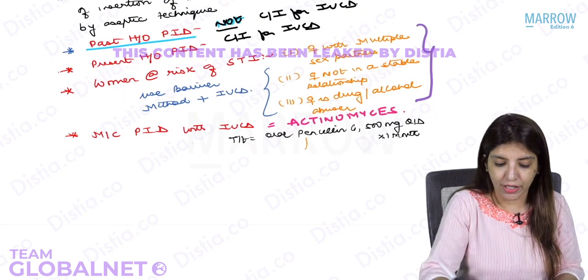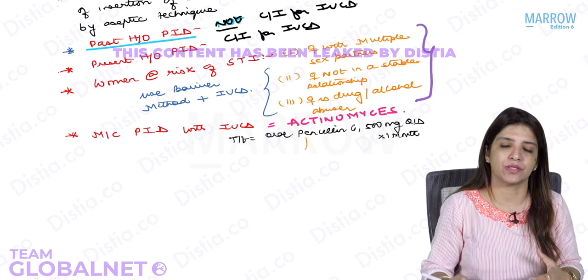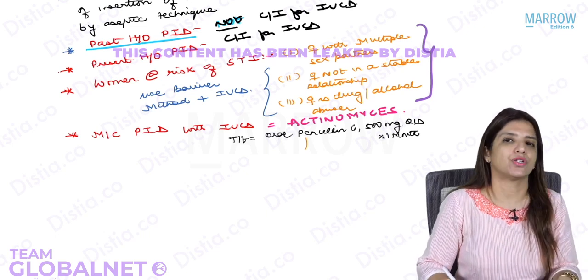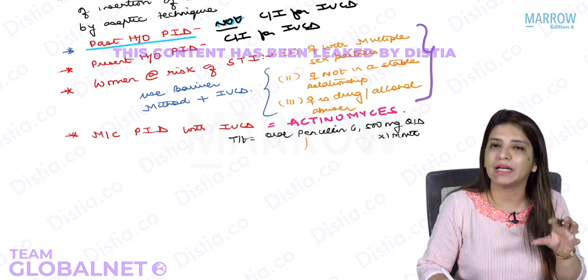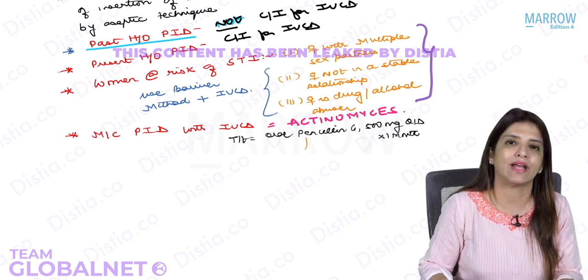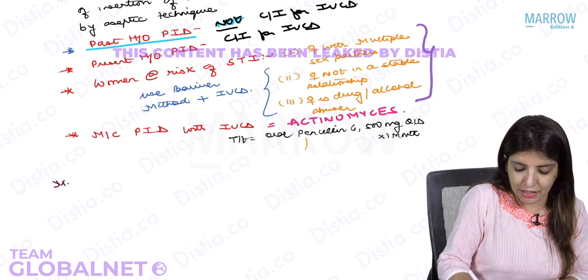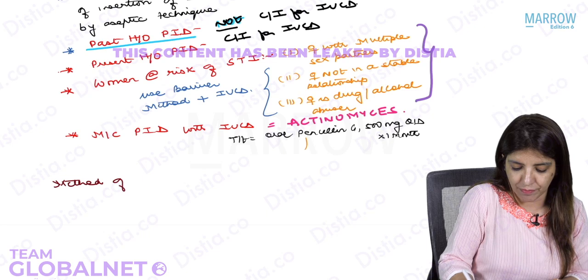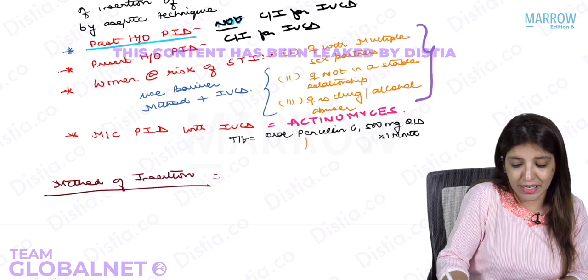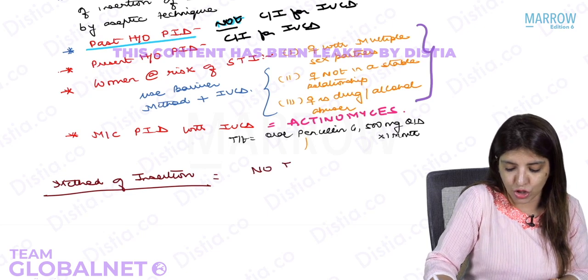Now, as I was telling you, as practitioners, we can reduce the risk of PID by properly handling the IUCD while inserting. So what is the method of insertion? The method of insertion of IUCD is, please, you have to use a no-touch method. No-touch method.